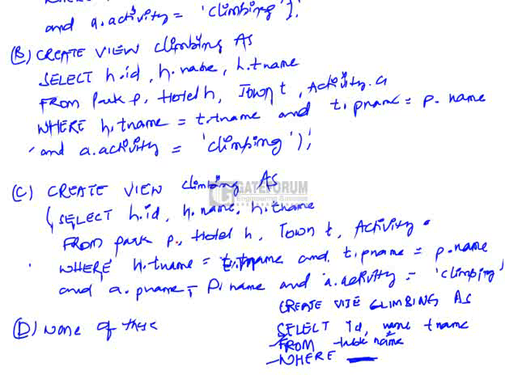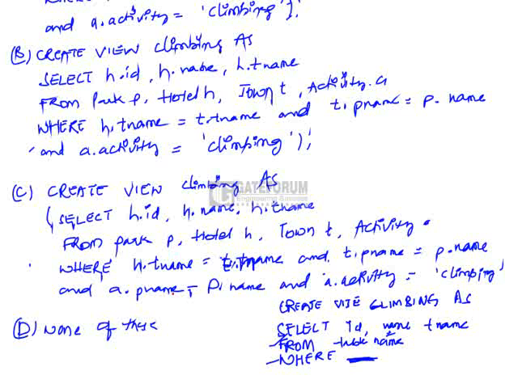As tname is a foreign key into the table town, these should be equal: H dot tname is equal to T dot tname. And pname is a foreign key into table park, so T dot pname should be equal to P dot name.